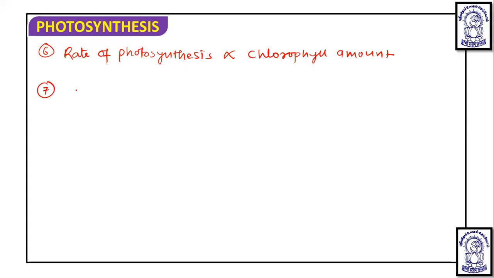Then the seventh factor is age of leaves. It is known that until the leaf attains maturity, the rate of photosynthesis increases.